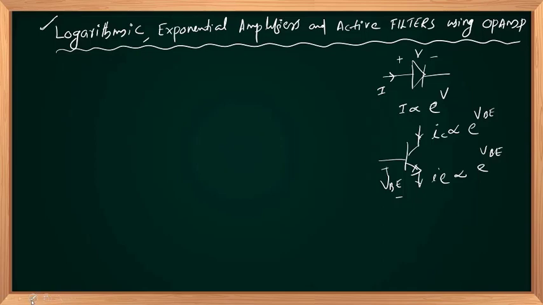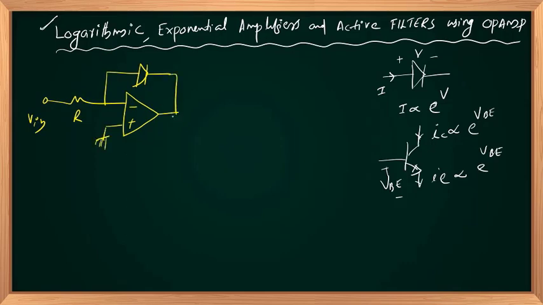Let us place our diode at the output side of an inverting amplifier as shown. Resistance R. Assume this is my Vin and I am placing a diode like this in the feedback loop. This is grounded. This is V out, positive, negative with respect to ground.